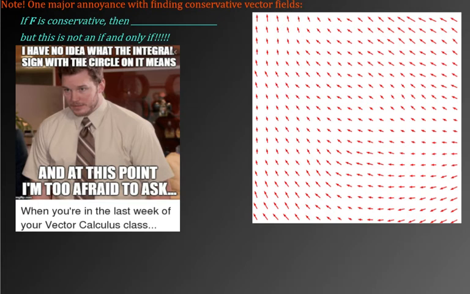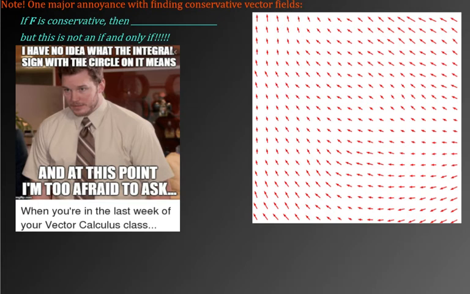All right. So one of the things I want to talk about is that a lot of times students will get a 0 from a line integral, and then they'll say it's conservative, but that is not true.